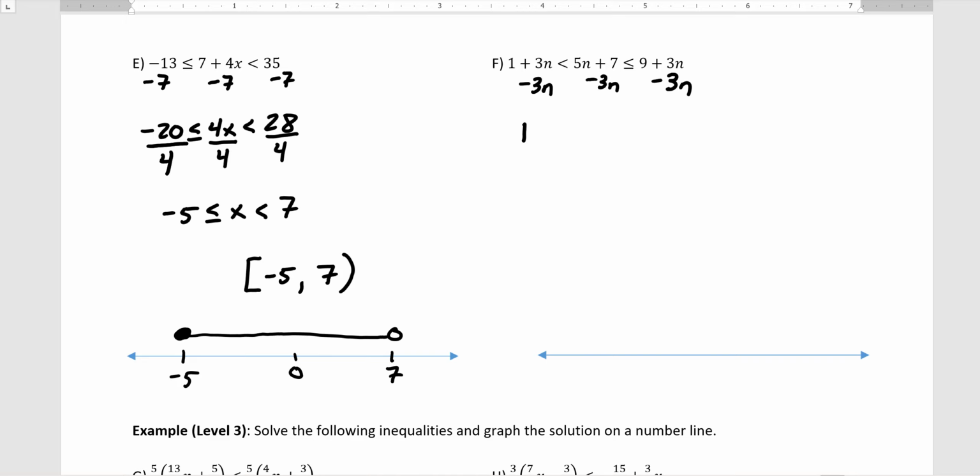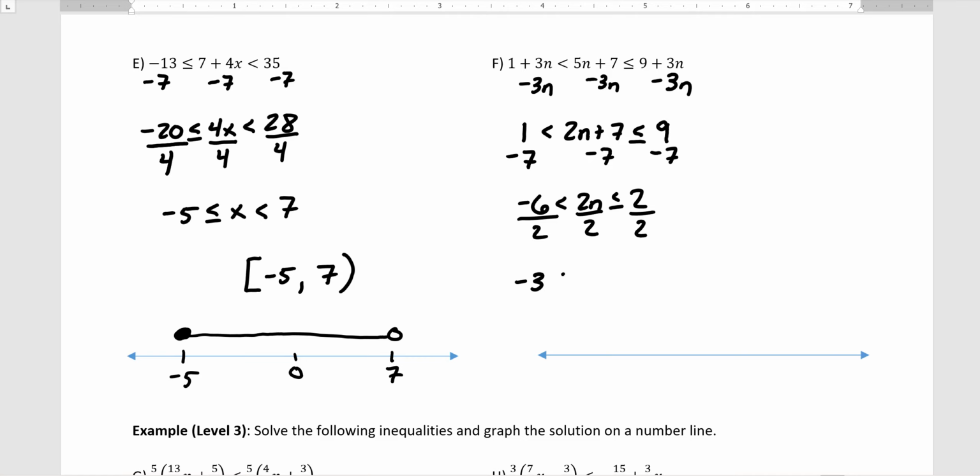When I do that, I'm left with 1 is less than 2n plus 7, which is less than or equal to 9. Now I'll subtract 7 from every expression. When I do that, I will have negative 6 is less than 2n, which is less than or equal to 2. Divide by 2, divide by 2, divide by 2. I'll end up with negative 3 is less than n, which is less than or equal to 1.